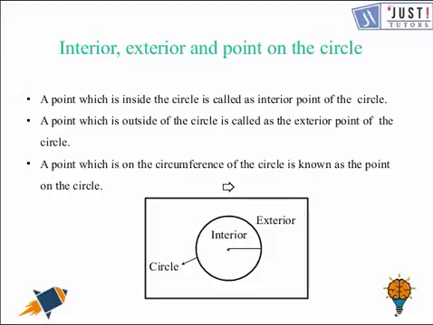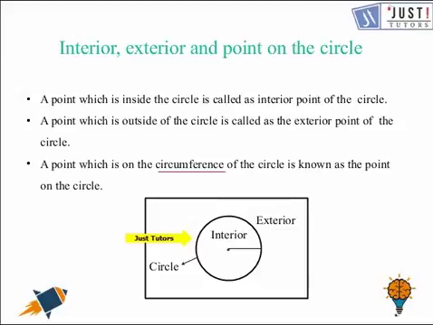And a point which is on the circumference of the circle is known as a point on the circle. So what is circumference? In layman's language, we can say the boundary. So the boundary of a circle is the circumference, and any point lying on the boundary of the circle is a point on the circle.